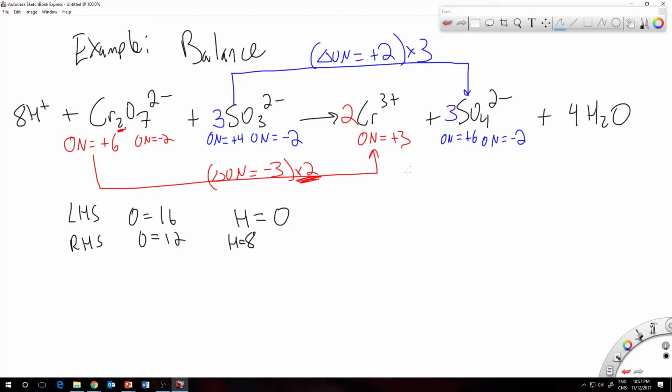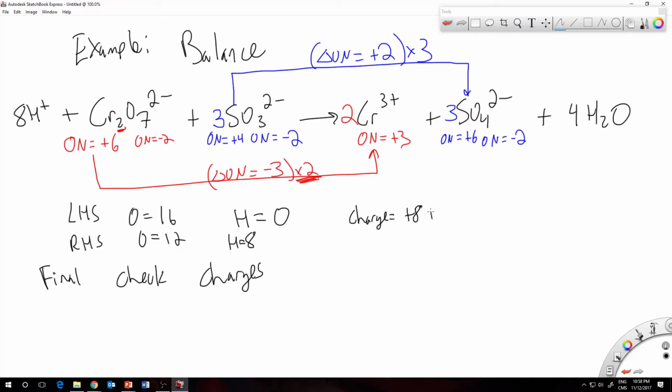Now, one final thing that I forgot to mention in my steps was to finally check charges. On the left-hand side, we have a total charge of +8, but then we also have a -2 and then a -6 here.